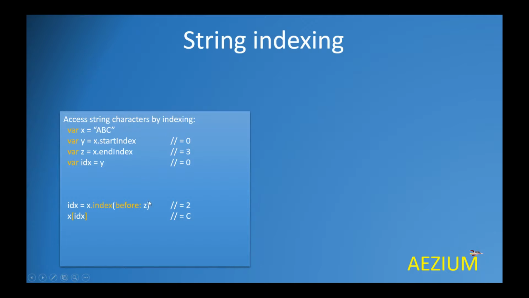So that 2 is generated and passed on to idx. And then using x square brackets idx, we are trying to extract the character of x which corresponds to index 2, and that would be C, because if you remember, the indices of these were 0, 1, 2, so 2 corresponds to C.